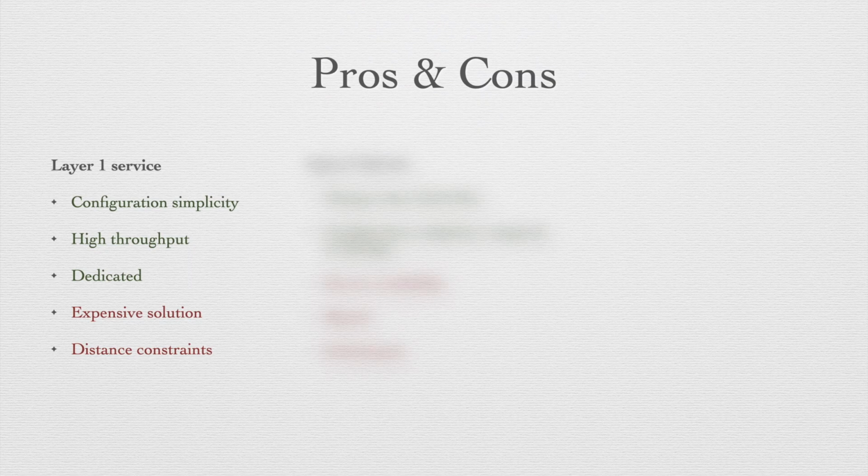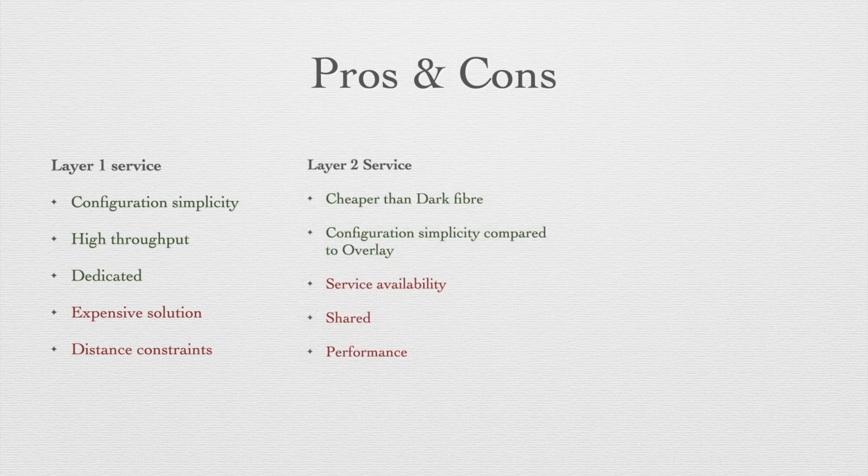About layer 2 WAN services, I have not used or seen these for migration purposes. We used this as a solution for specific WAN connectivity requirements, but never in a migration. The obvious advantage over the first option is that this could be cheaper and network side configuration can be simpler, just like option 1.